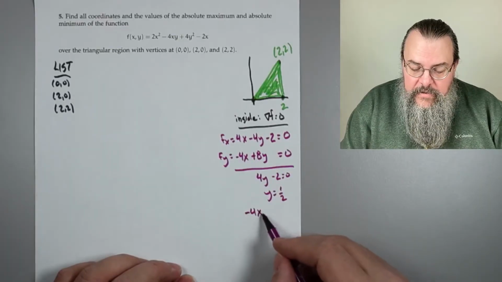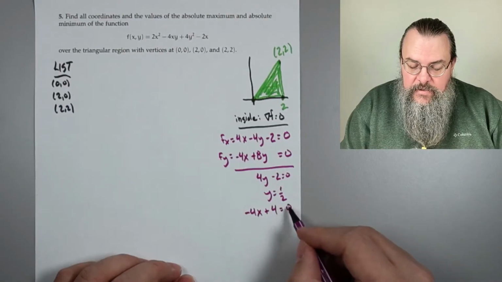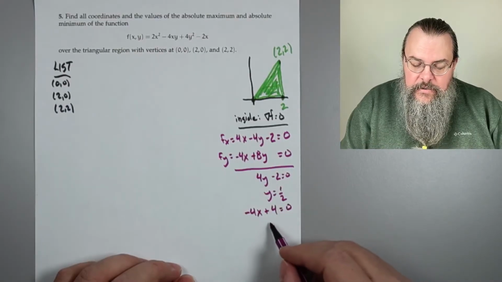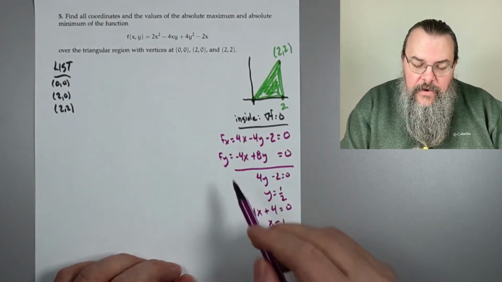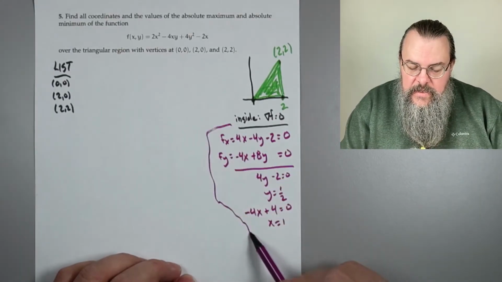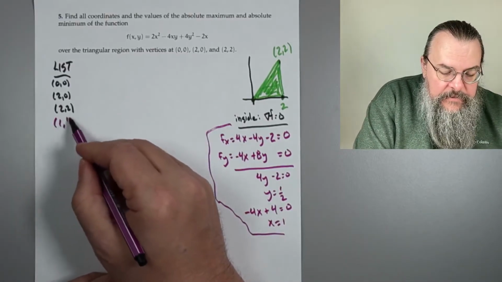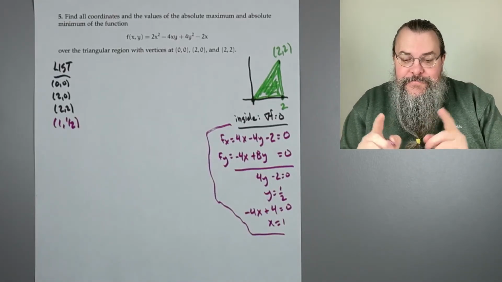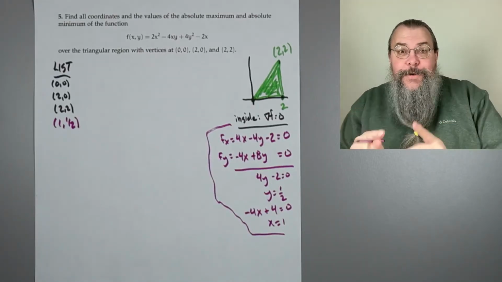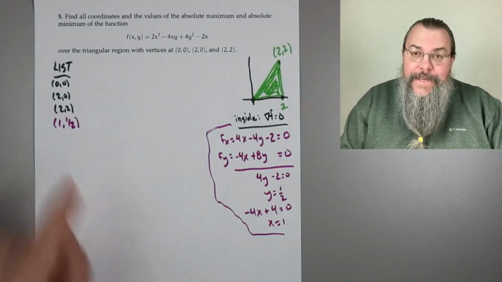Minus 4x plus 8 times a half, which is 4, equals 0, or you rearrange, x equals 1. So for the inside, we get the point 1 comma a half. Now, I wrote it down, but I should have done something first. Before writing it down, what should I have done? I should have asked myself the question, do I care?